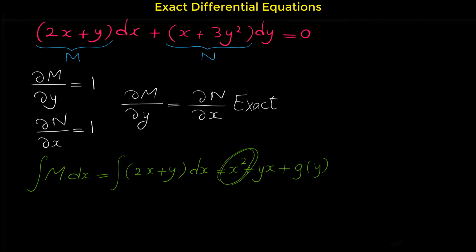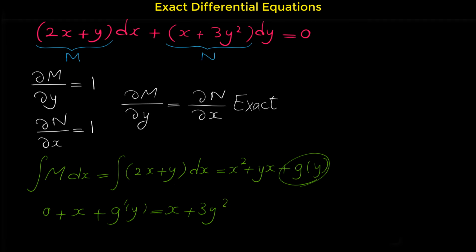Derivative of x squared with respect to y is 0. Derivative of yx with respect to y is x, and derivative of g(y) is g prime of y. If we set this equal to N, which is x plus 3y squared, x from here and x from here cancel each other, so we get g prime of y is 3y squared.